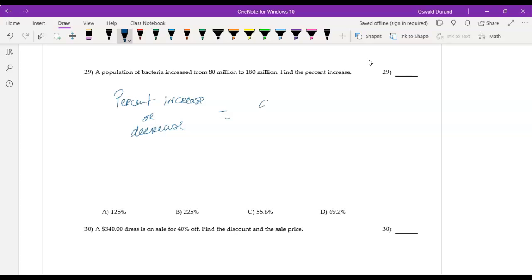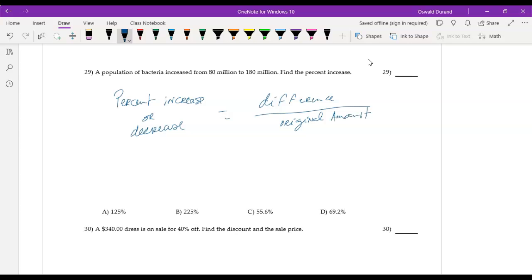You find the difference between the original amount of the population and the final one. So you want the difference over, and then the difference is going to be divided by the original amount, right?